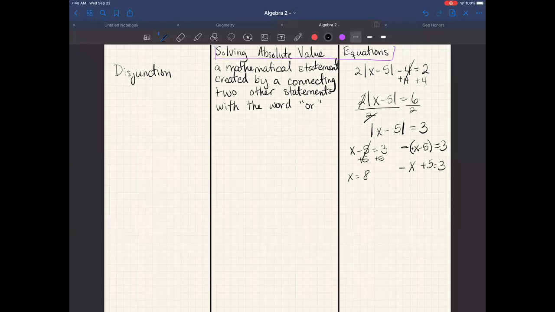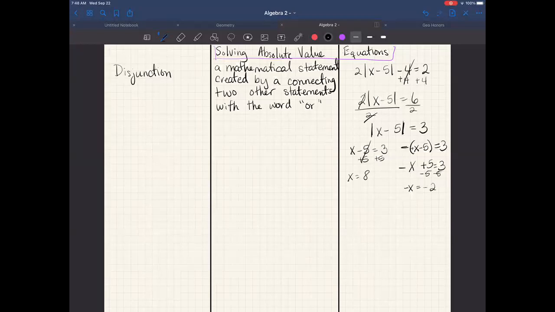Remember, the negative only affects what's in the parentheses. So now I'm going to move that 5 over by subtracting it, which gives me negative x equals 3 minus 5, which is negative 2.